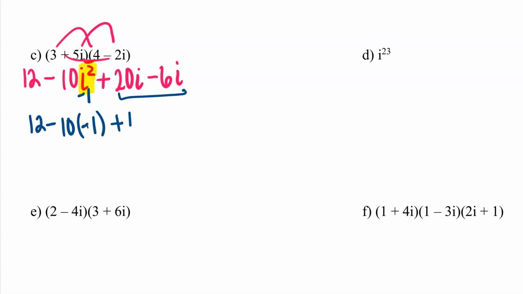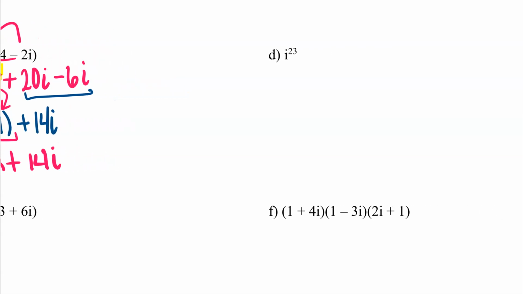So I should have a 14i in the back. Because this i squared changed to a -1, it changes this term's sign. So this becomes a plus because they multiply together. So now we have 22 plus 14i. That's really the only difference so far. It's not too bad.